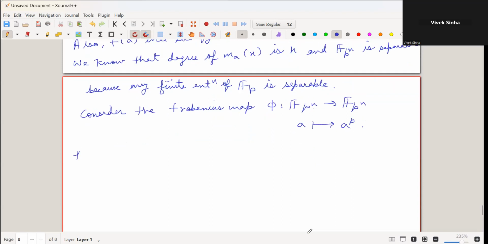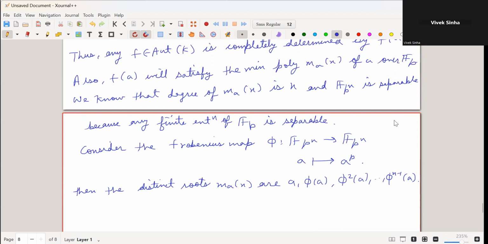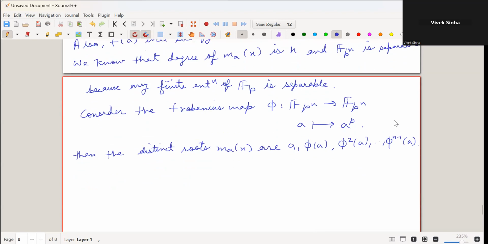Then the distinct roots of the minimal polynomial of a are a, phi(a), phi squared of a, and so on up to phi^{n-1}(a). These distinct roots will determine the value of a under f, and that will determine the automorphism of K, right?